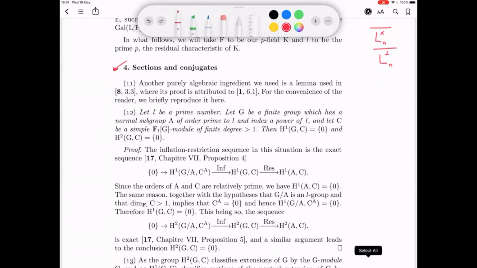For this, you have to recall what the Schur-Zassenhaus theorem is.